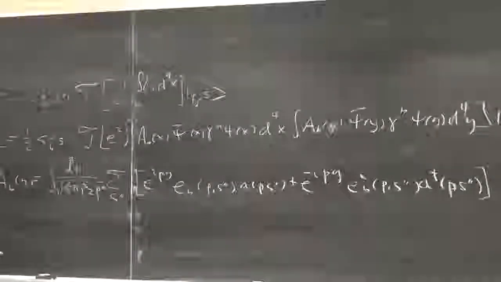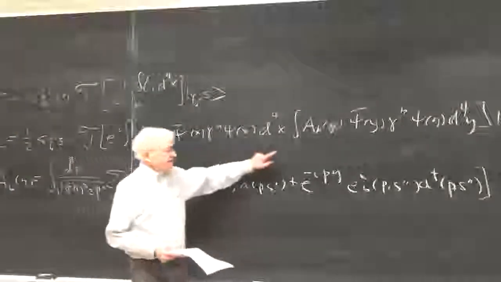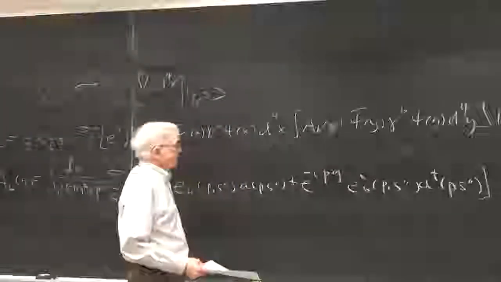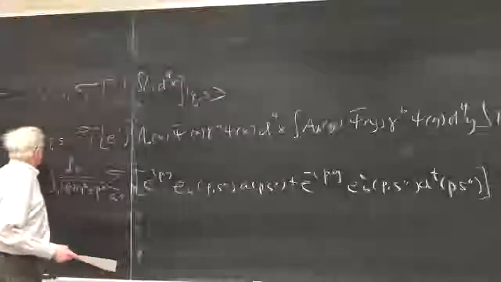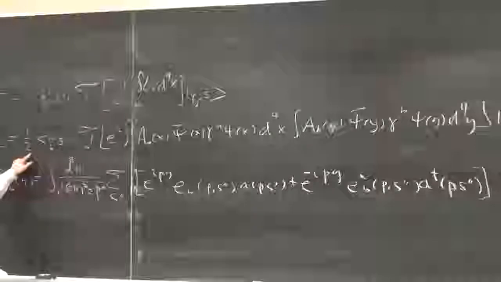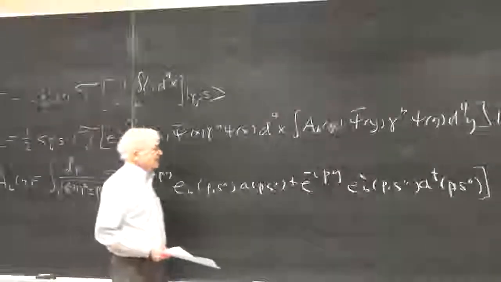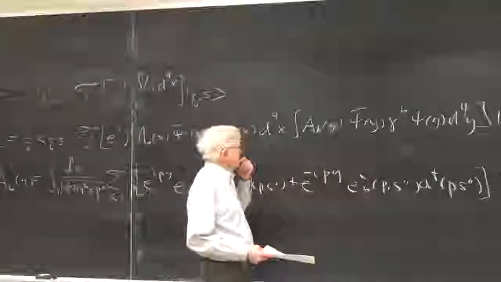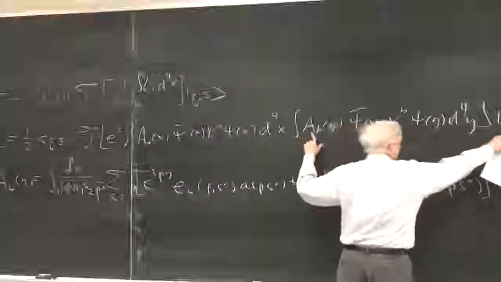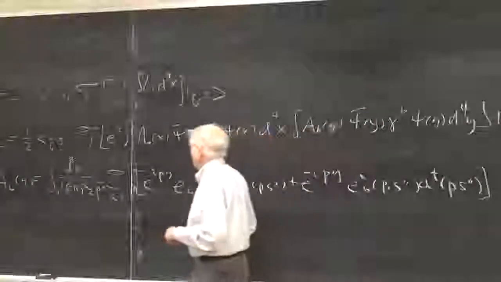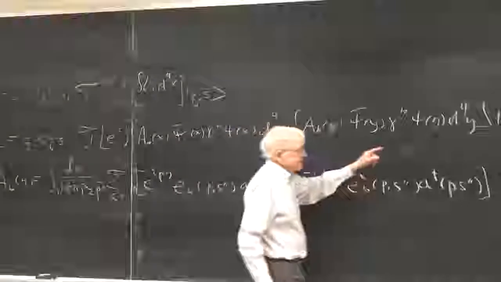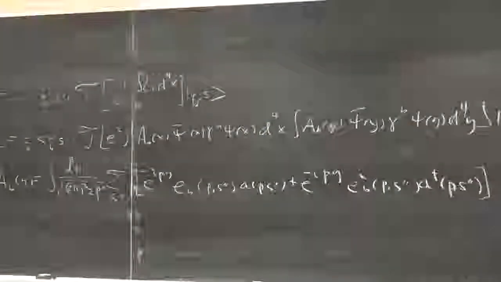Okay, so that's that, and now what we want to do is substitute the electromagnetic field in these two places. As usual, this 2 is the 1/2 factorial from the expansion of the exponential. And over here, we can choose either A_B of y to annihilate the incoming photon, or we can choose to have A_A of x annihilate the incoming photon. So those are two choices.